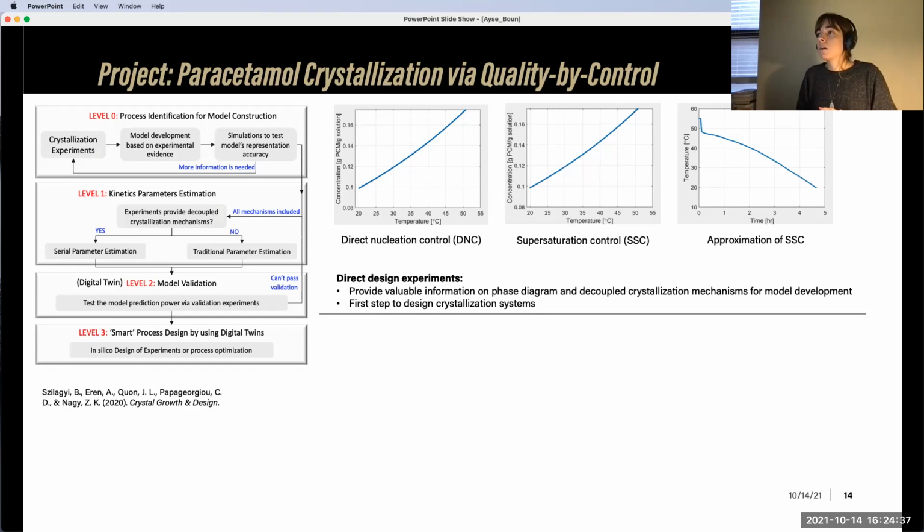So I have to mention that my PhD was funded by Takeda Pharmaceuticals. It's a Japanese-American big pharmaceutical company. They came to us with some problems at hand. They wanted to grow their crystals in a certain way, and they asked us to do it for them by using this smart manufacturing methodology.